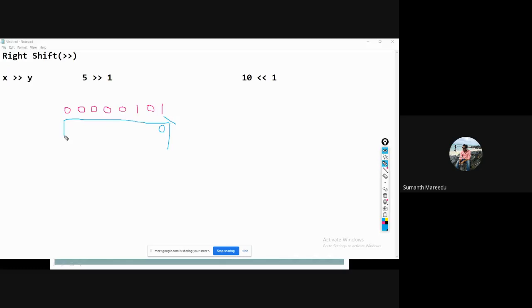I have 8 bits like this; I lose the first bit, then I get the third bit, fourth, fifth, sixth, seventh.